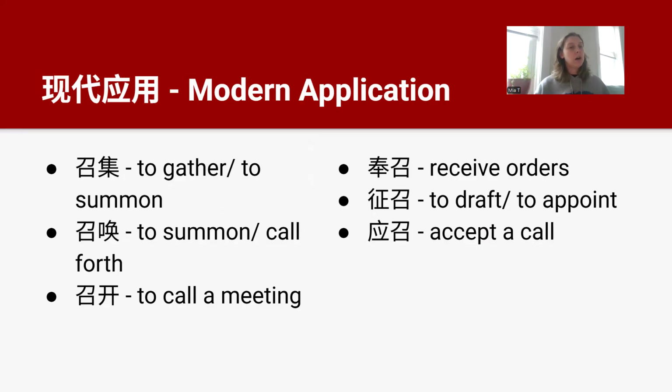And then the third one on the left is Zhaokai, which is to call a meeting. We also have on the right Fengzhao, which is to receive orders. We have Zhengzhao, which is to draft or to appoint. And then we have Yingzhao, which is to accept a call. So kind of accepting that call that is coming from someone else.